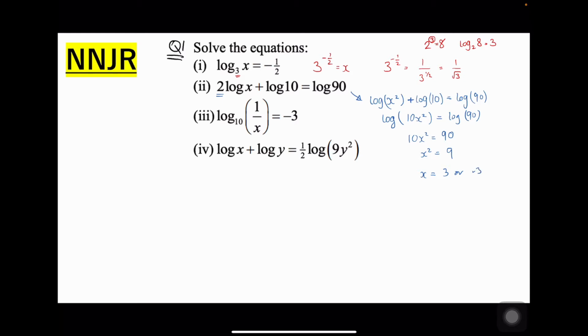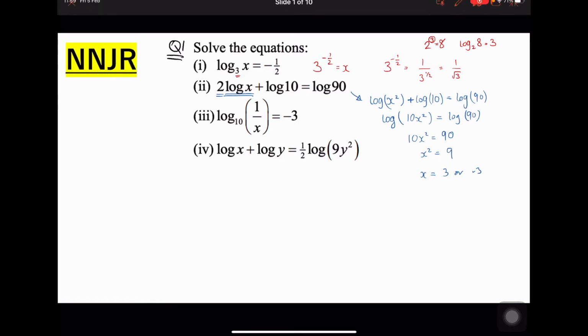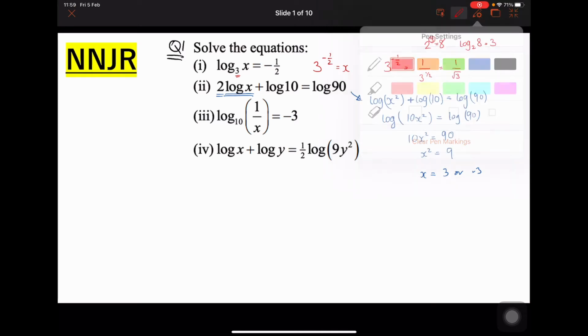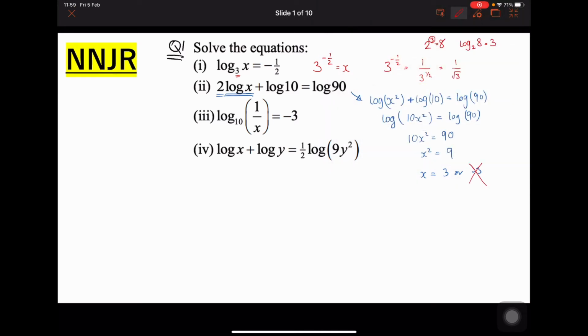However, because this is a logarithms question and we have a log x here, x has to only take a positive value. And so we're going to cross out this -3, because log x can only take positive x values which are larger than 0.